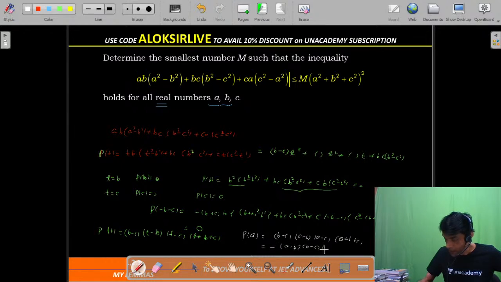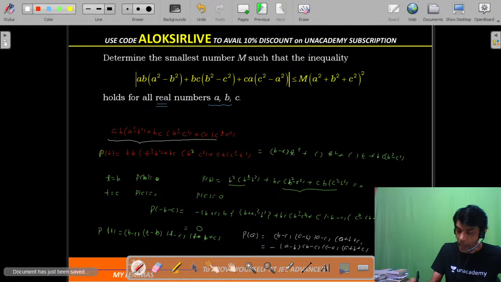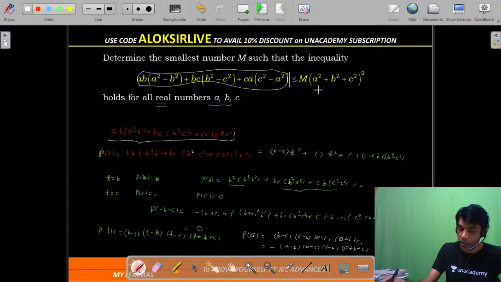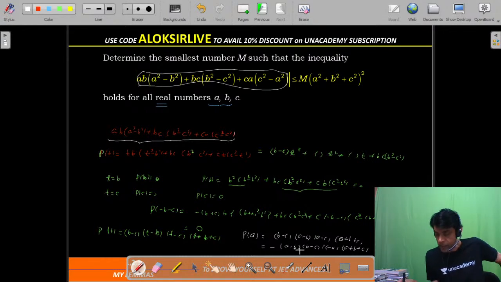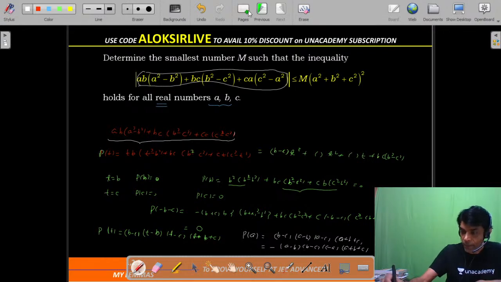A minus b, b minus c, c minus a, and times a plus b plus c. This is one way of factoring this expression, which is at the heart of it. That means first I must play with this expression. First I must know what it means, and then I will come to the second part, right? That inequality. So we have agreed this. Let me write on the next page, this one.